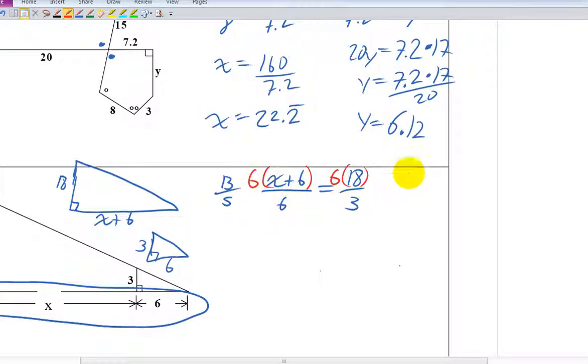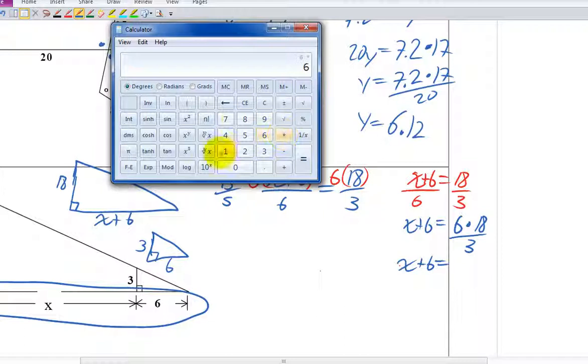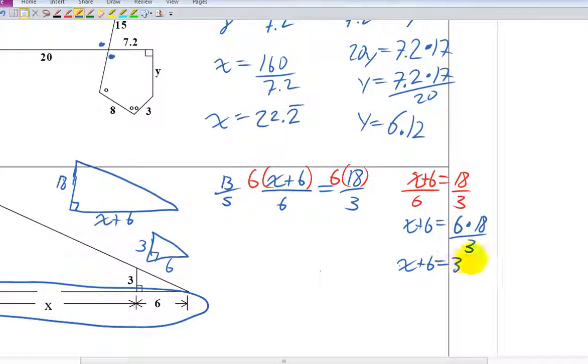Okay. Now, how else you could solve it would be this. What's the opposite of dividing by 6? Timesing. So then you can get x plus 6 equals 6 times 18 divided by 3. Okay, so x plus 6 equals, I'm not sure here, hold on. 6 times 18 divided by 3, 36.